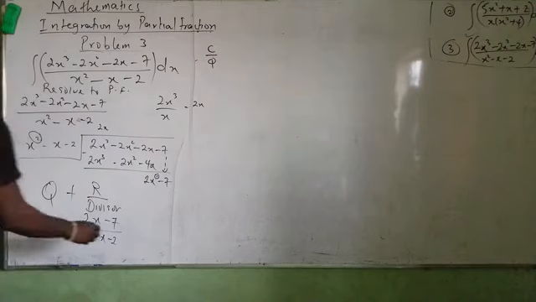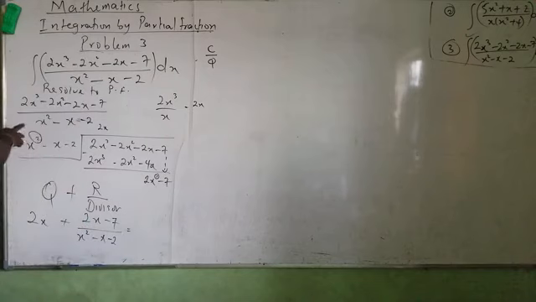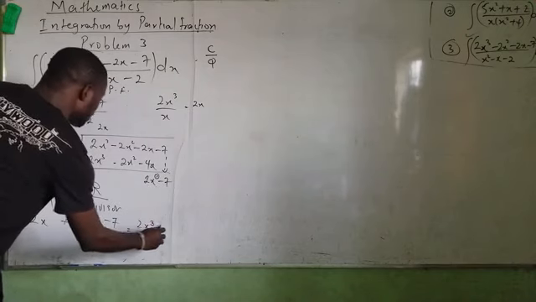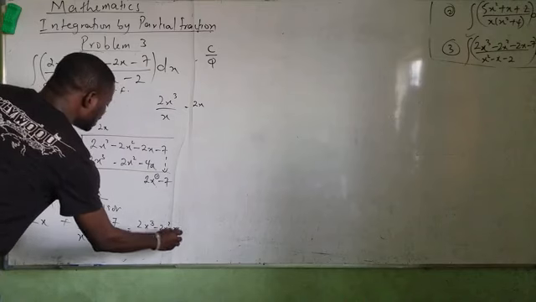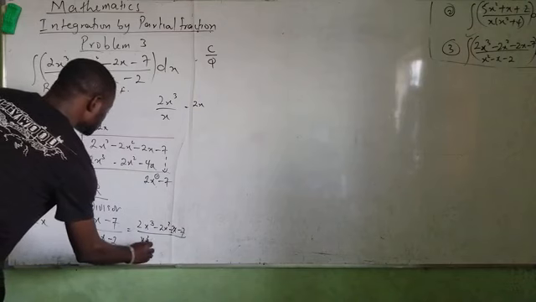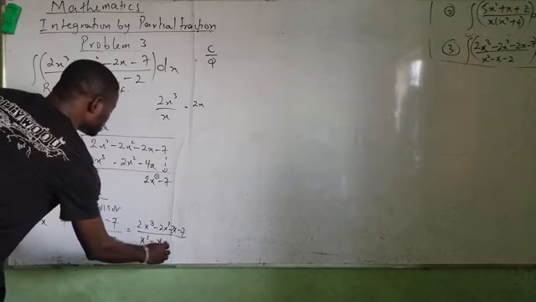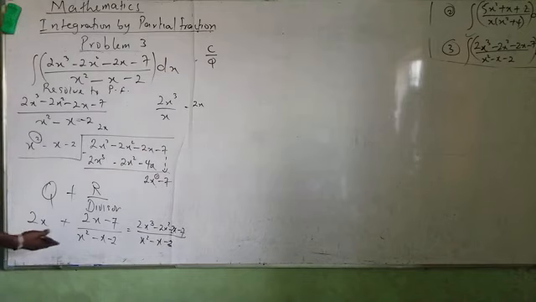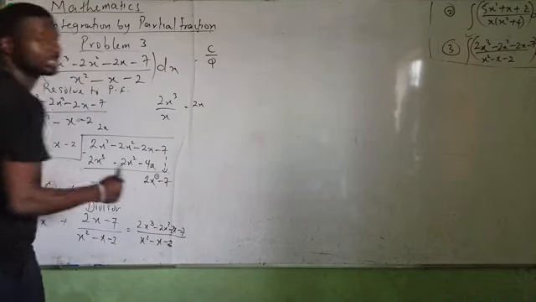Now, which also equals (2x³ − 2x² − 2x − 7) divided by (x² − x − 2). Now, can you see? Simple, complex.